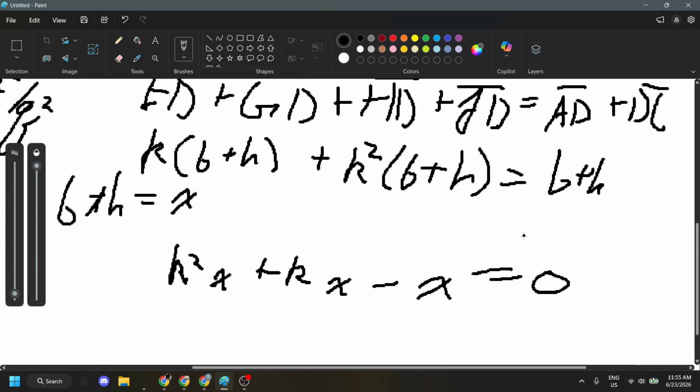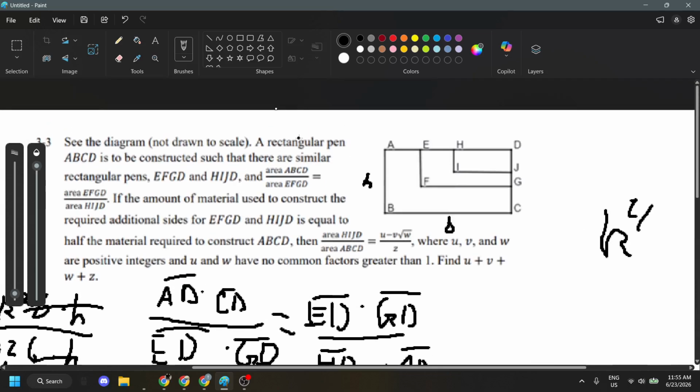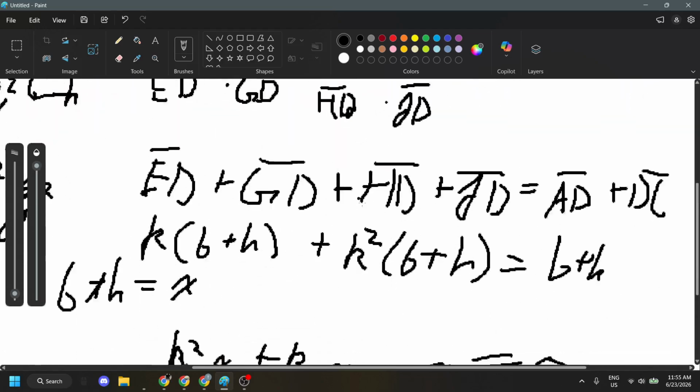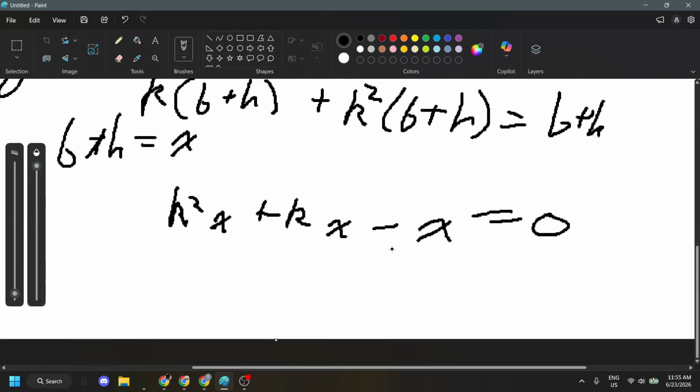I mean, we don't know what base or height is. Okay. So we have these two unknowns, which is a bit scary.